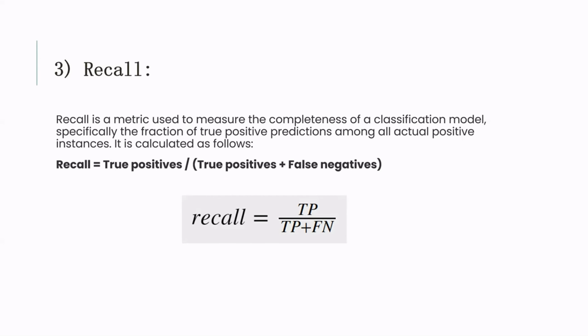Another one is recall. Recall is a metric used to measure the completeness of a classification model, specifically the fraction of true positives among all the actual positive instances.